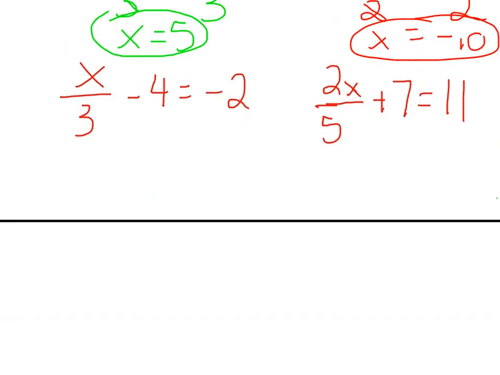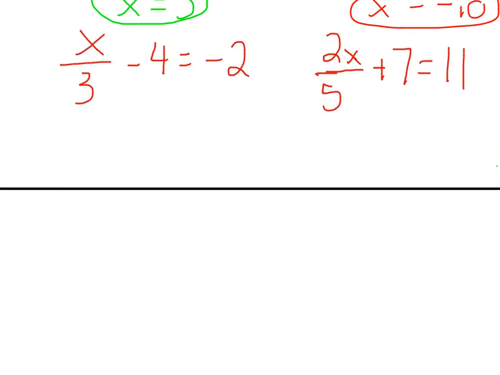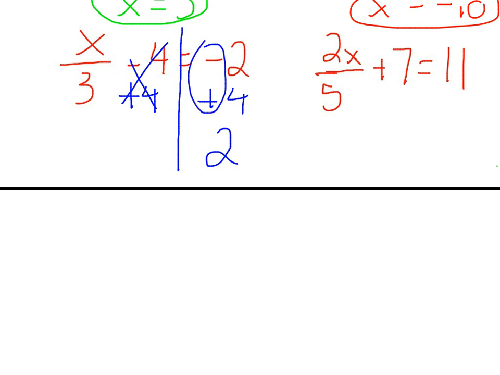Looking at these last 2 examples, I have x divided by 3 minus 4 equals negative 2. But again, we get rid of whatever's being added or subtracted first, so I'm going to get rid of this minus 4 by going plus 4. Cancels that out. Come over here and write plus 4. And negative 2 plus 4 is a positive 2. Signs are different, so we subtract and use the sign of the bigger number. 4 is bigger than 2, so it's a positive 2.